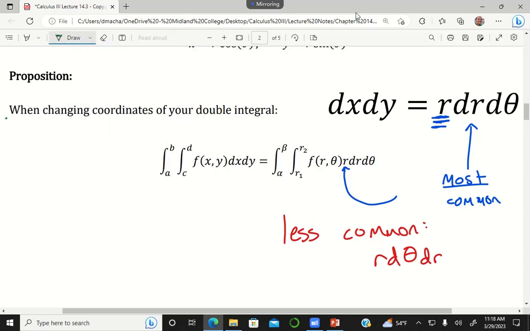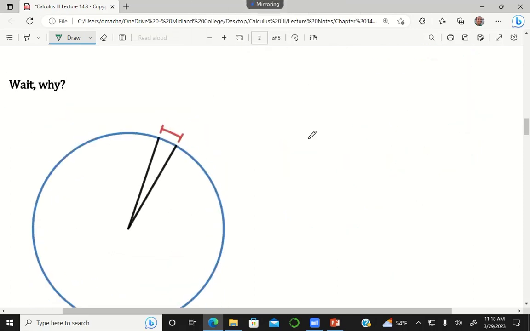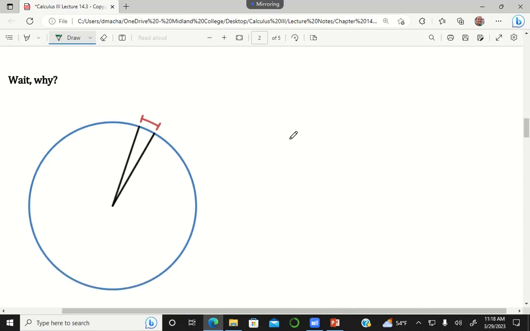Okay. So I want to try to explain to you why dx dy would be equal to r dr d theta. The first thing is, if I were looking at this circle, and I ask you about the length of the blue set, the length of the blue set would be the circumference of the circle.